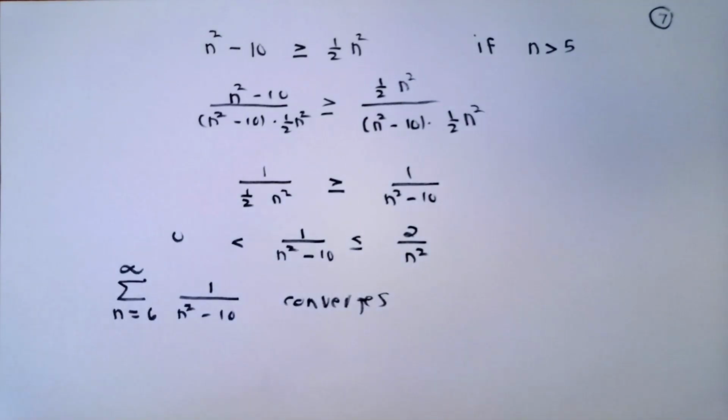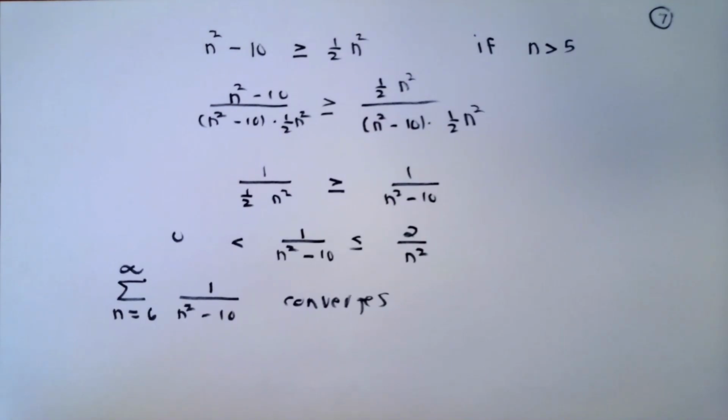A purist will object that I have to assume that n is at least 5 here, so that if you wanted to be picky about it, all we really convinced ourselves of is that the sum from n equals 6 to infinity of 1 over n squared minus 10 converges, but this is no problem. That series is the same as the series that we've actually been interested in, except terms where n equals 1, 2, 3, 4, or 5 have been deleted or set equal to 0.